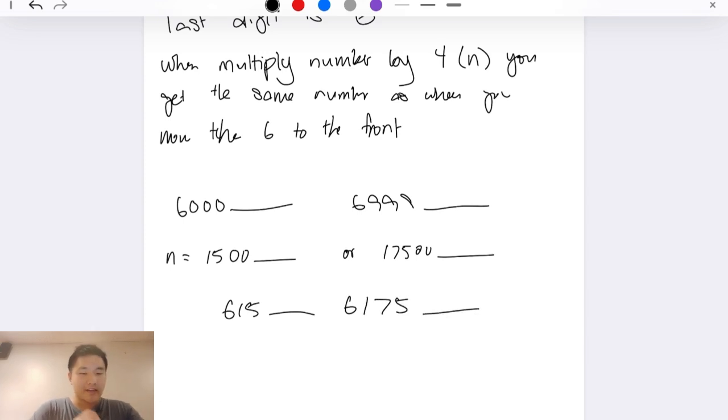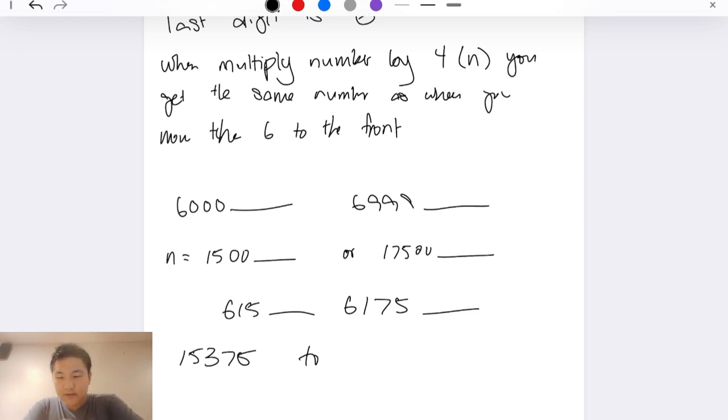So what this tells me is I can even further shorten this down, shrink down the bounds by dividing these by 4 as well. So let me use my calculator. It would be 15375 to... that doesn't seem right.